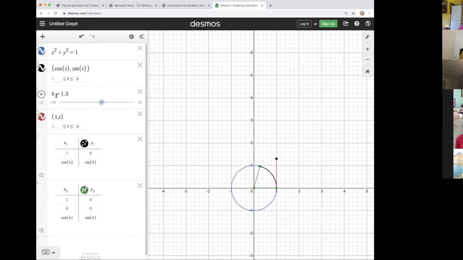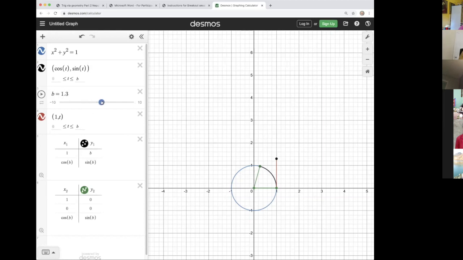Right now, the value b is 1.3. So the distance from 1, 0 to this point cosine of b, sine of b on the unit circle, this length is 1.3. We've also created a line segment that goes from 1, 0 up to the point 1, b. So this red vertical segment is length b.